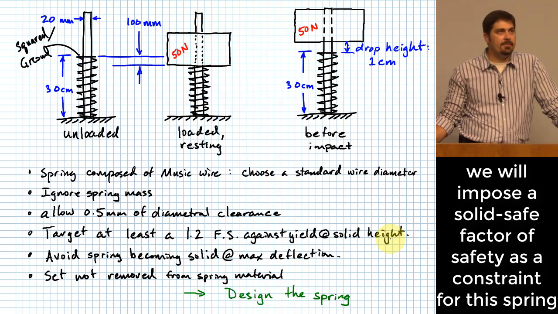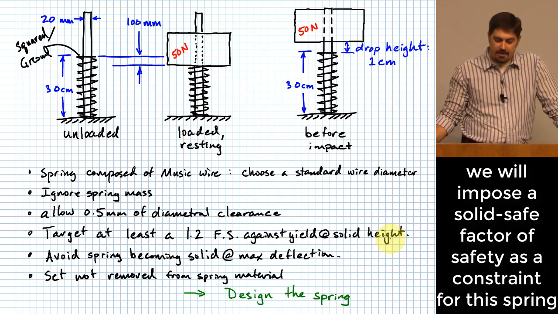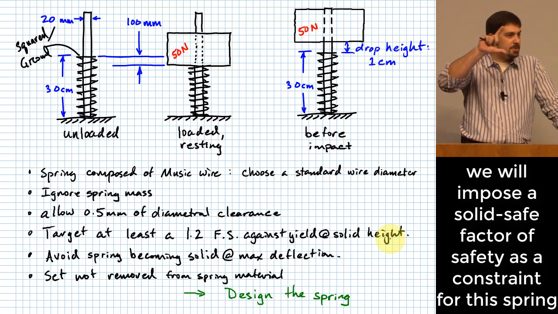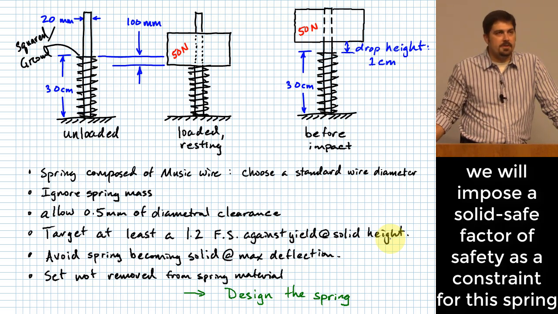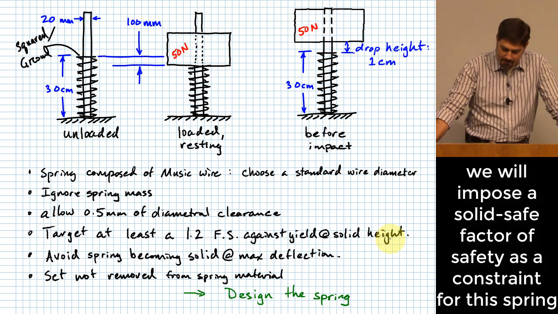That's a common constraint to apply to springs, and it's done so that no matter what, you can always expect that your spring will maintain its height, even if someone, either on purpose or accidentally, pushes the spring all the way down to where the coils touch each other. The spring will then still maintain its overall height as long as you have a factor of safety against yielding, even if you take it all the way to that length.